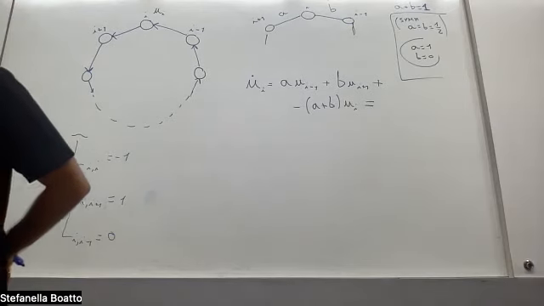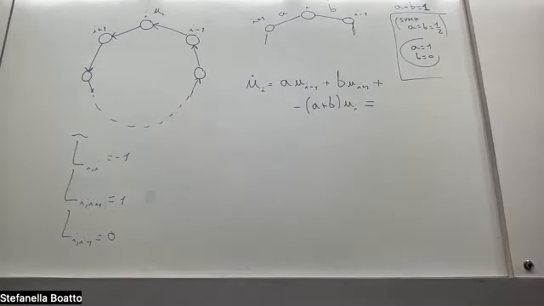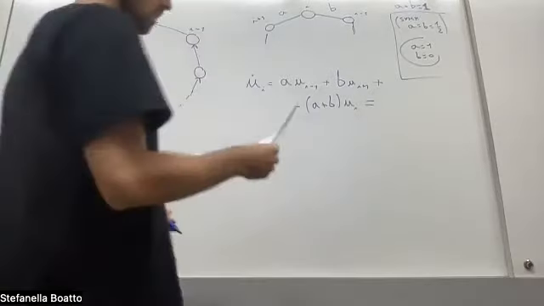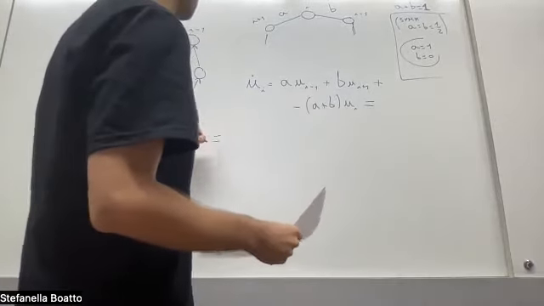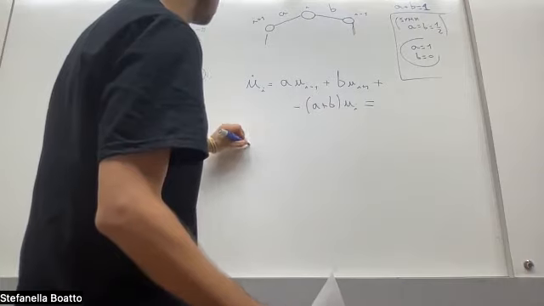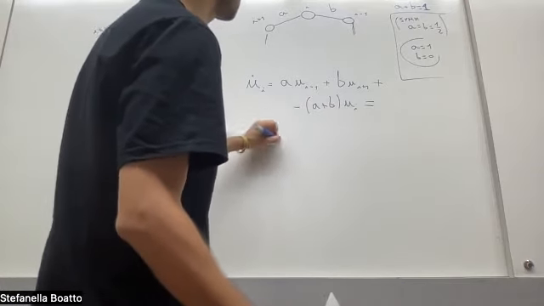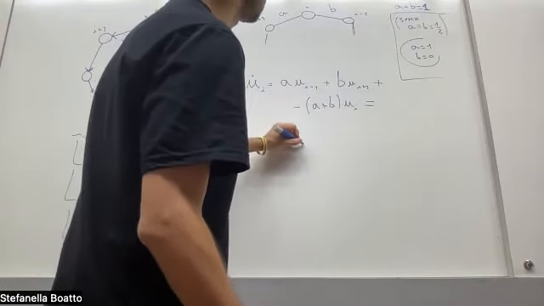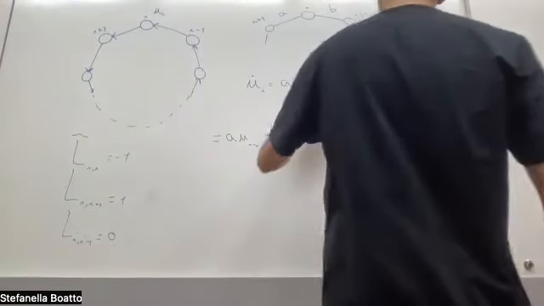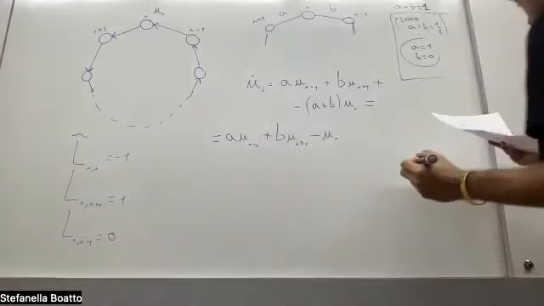Okay, so we can develop this. So this is equal to 1. So we have A U I minus 1 plus B U I plus 1 minus U I. And then we add and we subtract.